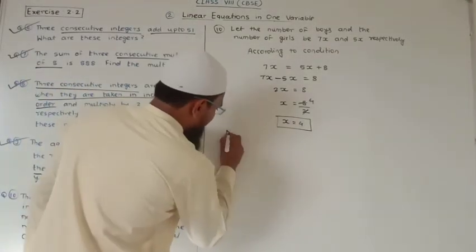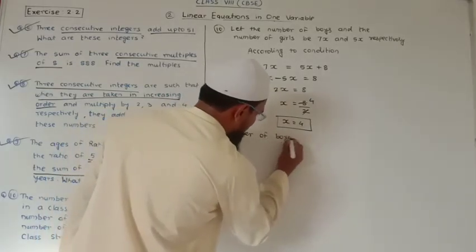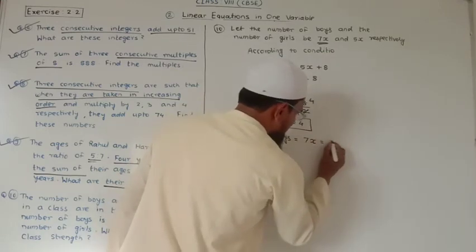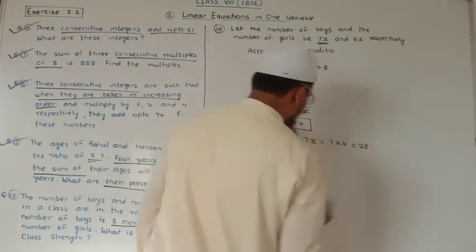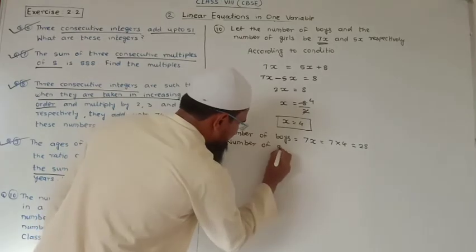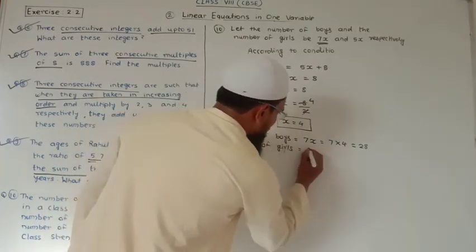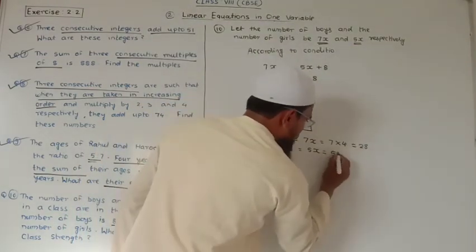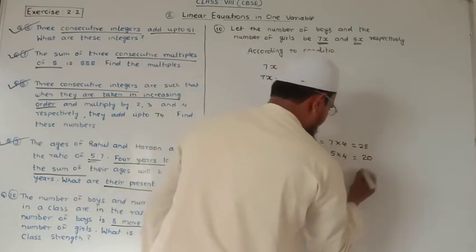Now number of boys is equal to 7x, put the value of x, which is 4. 7 fours are 28. And number of girls is equal to 5x, which is 5 into the value of x, 4. 5 fours are 20.